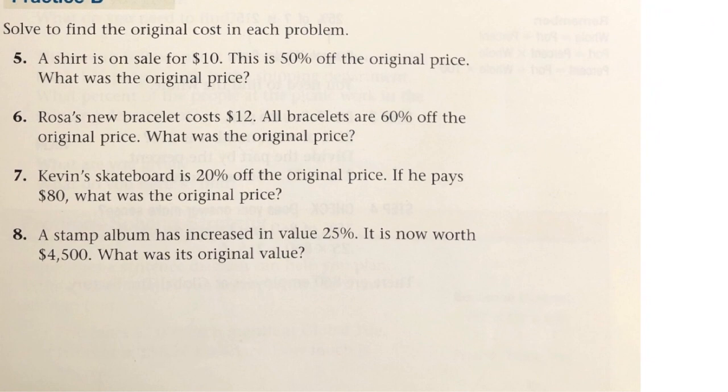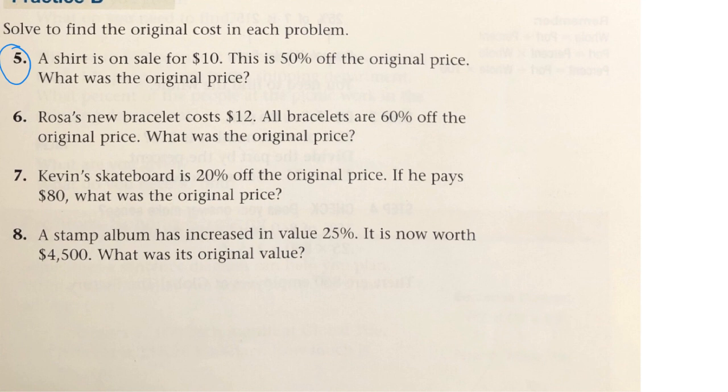Solve to find the original cost in each problem. So for number 5, we've got a shirt is on sale for $10. This is 50% off the original price. What was the original price?